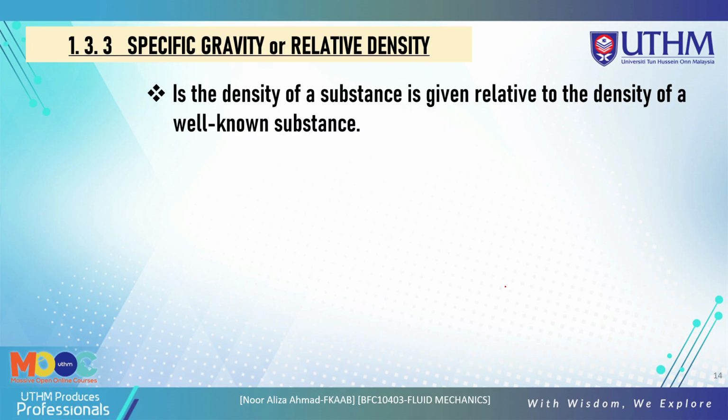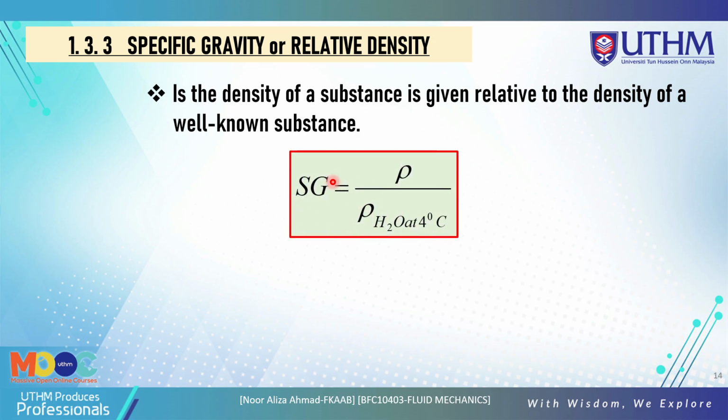Okay, so now we look at the specific gravity or relative density. Actually this is part of the slide that I explained in the previous slide, how to get the specific gravity. Okay, the density of a substance is given relative to the density of a well-known substance. So Sg is equal to the density of fluid divided by the density of water at 4 degrees Celsius.